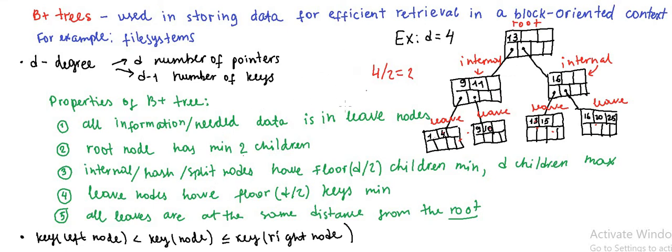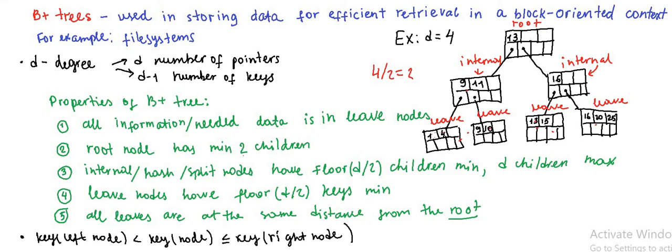And in B plus trees, the keys of the left node will always be strictly less than the root node, but the right node can be equal to the root node or bigger.